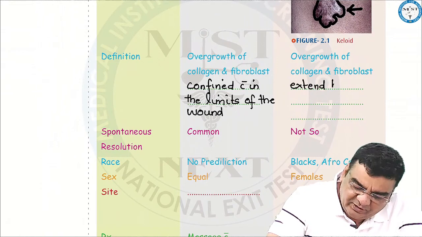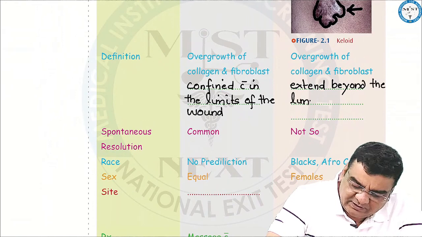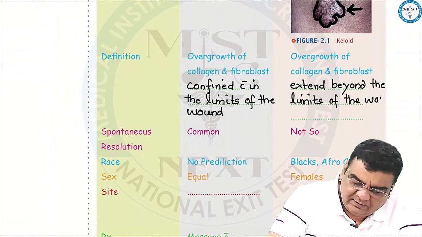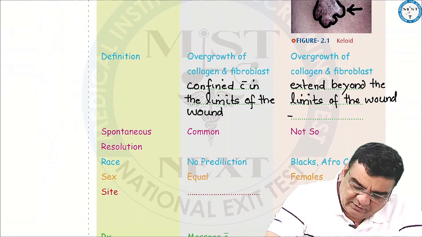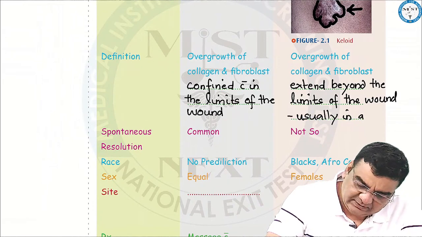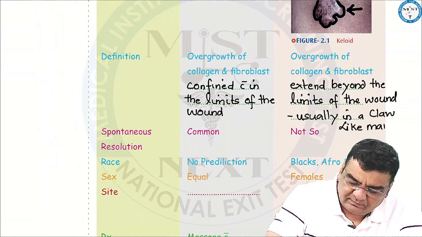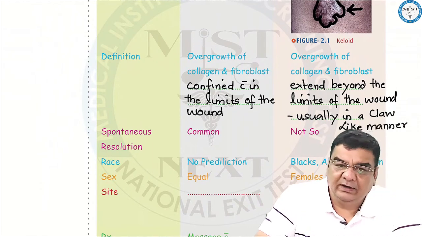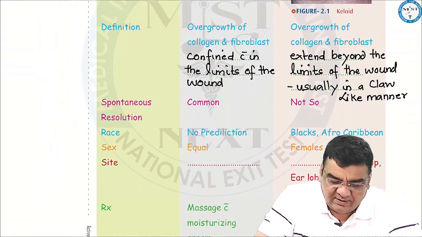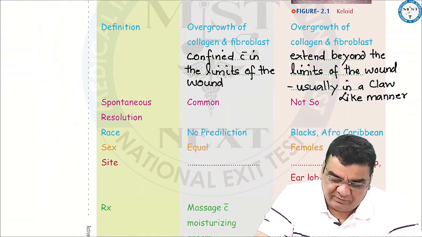Extending beyond the limits of the wound, this is a keloid, usually in a claw-like manner. That is a keloid. Another important thing, the difference between hypertrophic scar and keloid.